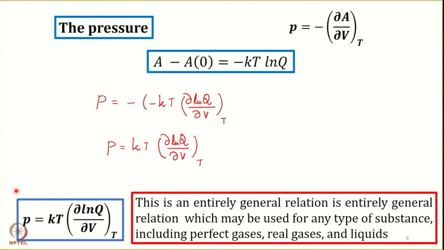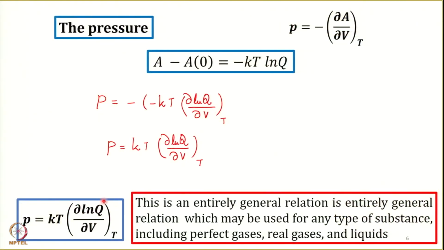We have an expression for pressure in terms of canonical partition function. As I earlier mentioned, no assumptions involved. Therefore, this is an entirely general relation and it may be used for any substance, including perfect gases, real gases and liquids.